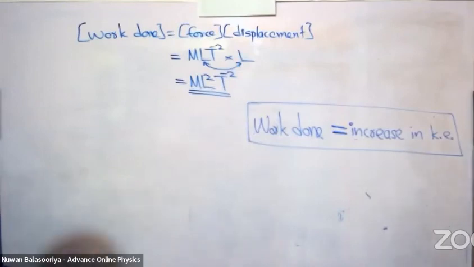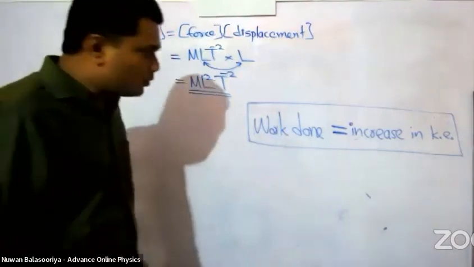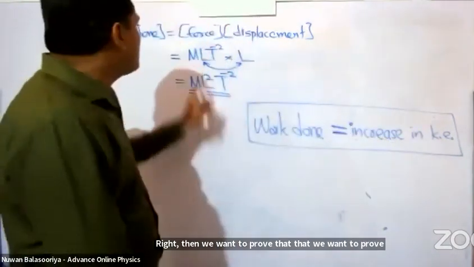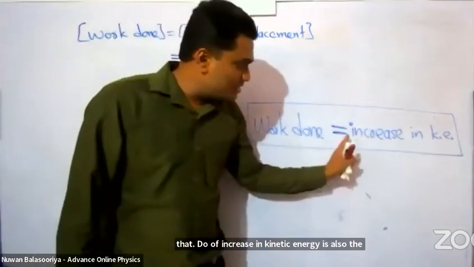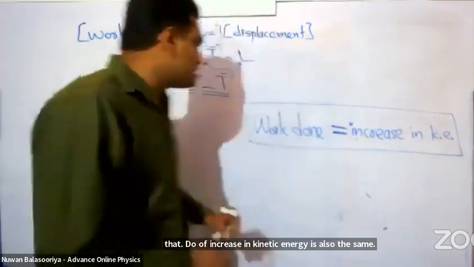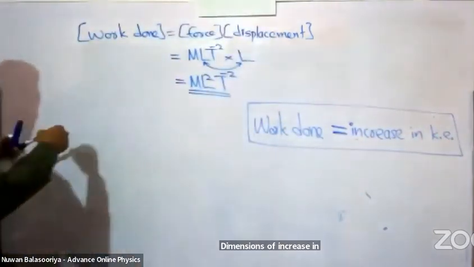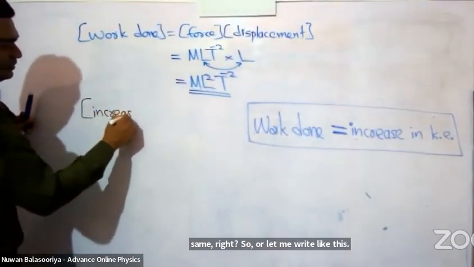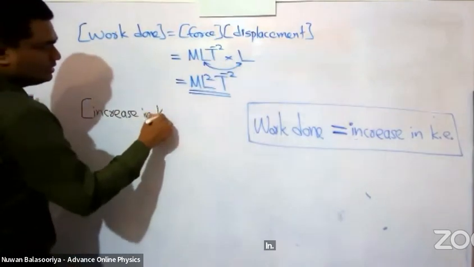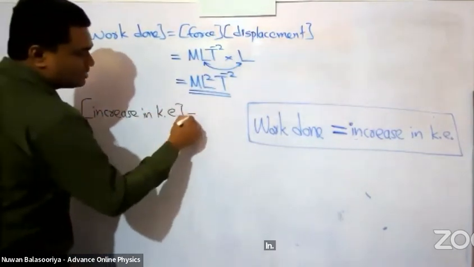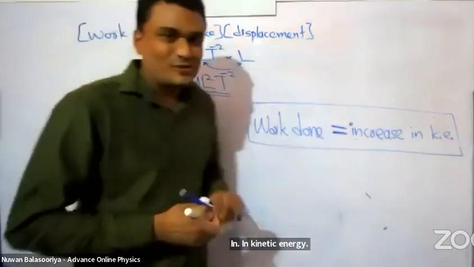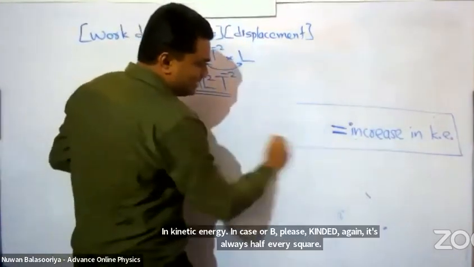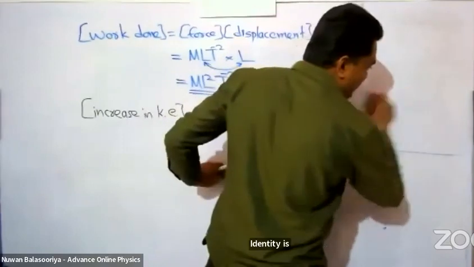Right. Then we want to prove that the dimensions of increase in kinetic energy are also the same. Kinetic energy is always half mv square.